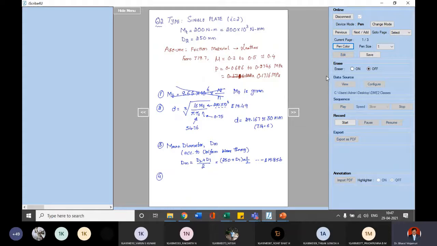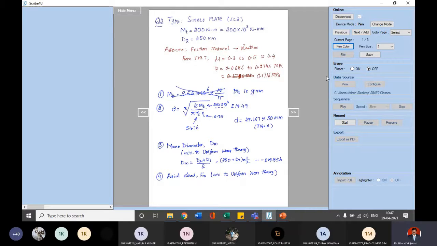Now step number 4: we will be finding the axial load FA, again according to uniform wear theory.